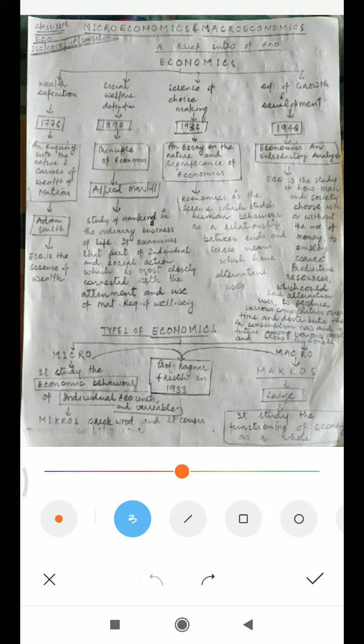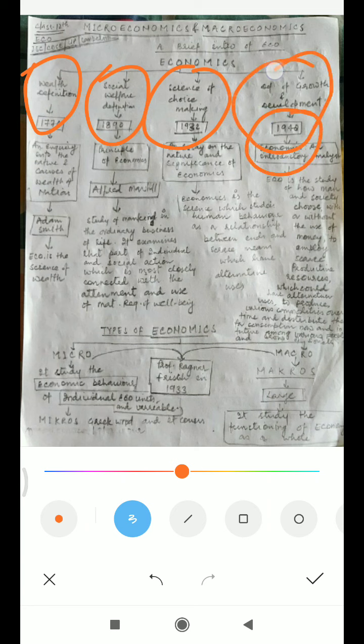So the three approaches: the first is the wealth definition, the second is social welfare, the third is science of choice making. But a new concept came in 1948, the definition of growth and development.